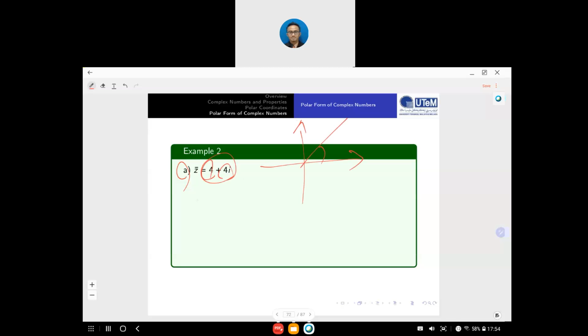But this one is the imaginary part divided by the real part. So we can get the value of R and the value of theta.